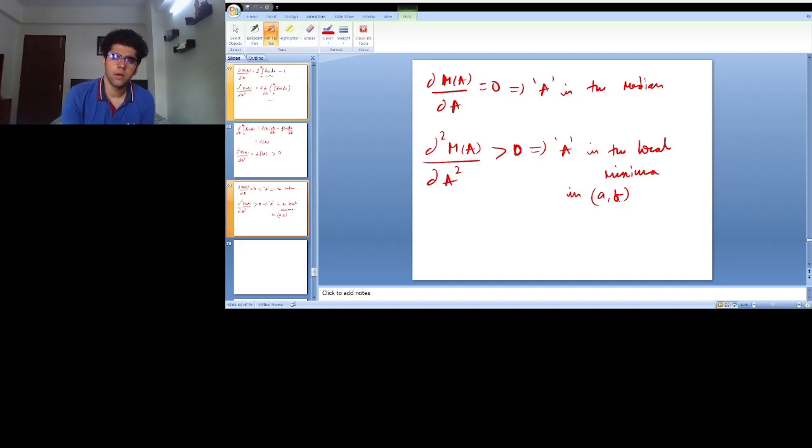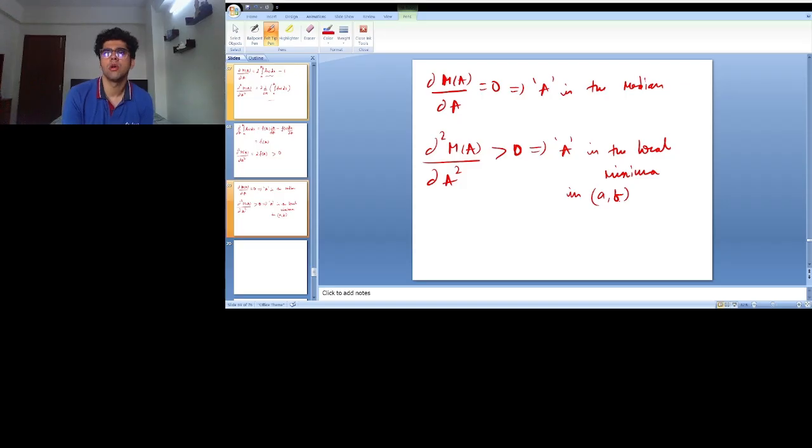But in a specific interval, when we are talking about a point which is turning out to be a local minima, if we were talking about from negative infinity to positive infinity, any a which is a stationary point, and we are getting the second derivative to be positive at that point, then we can say that a is a local minima.